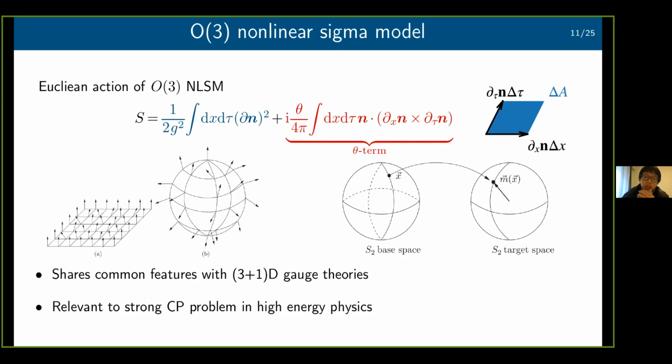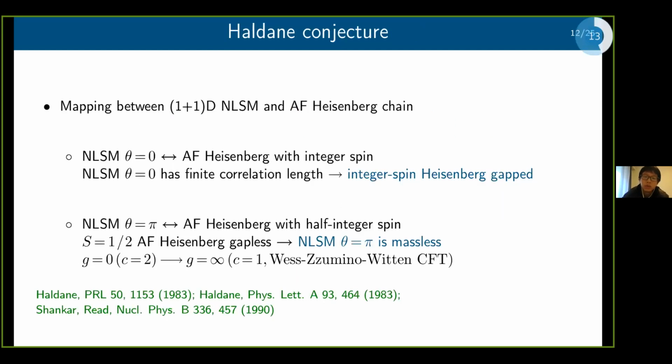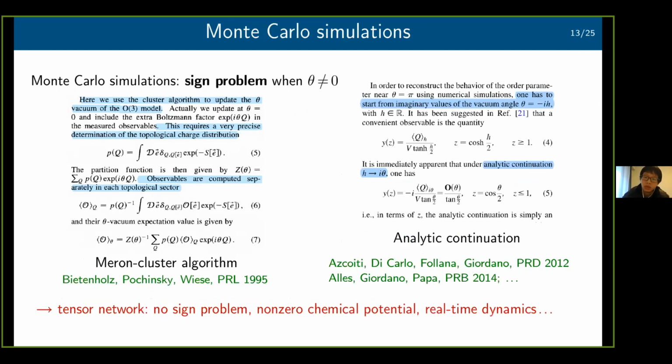However, if you do it in the most straightforward way, you will find that there is a sign problem if the topological term is non-zero. Although various methods have been proposed by Monte Carlo people to work around this sign problem, these workaround algorithms are all very complicated, and cannot be simply extended to other models and other simulations.